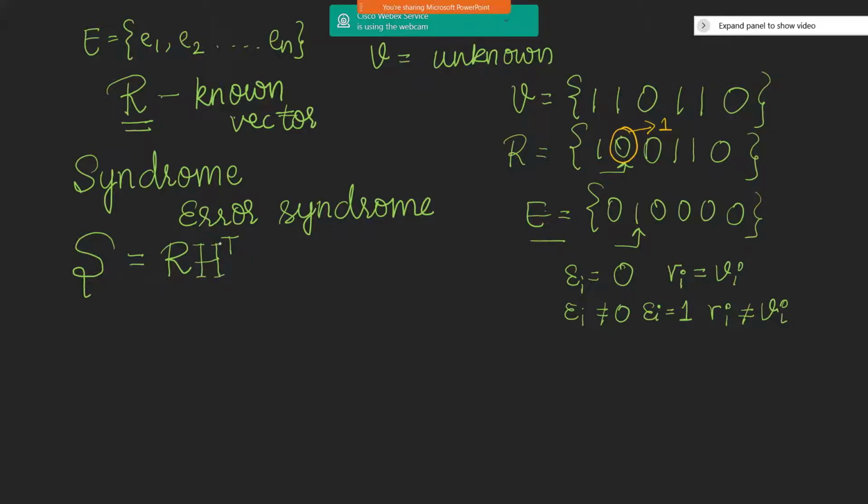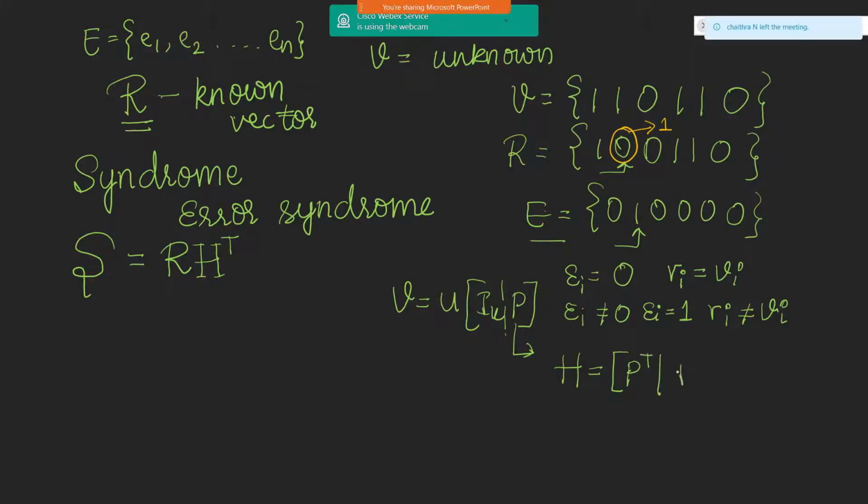So we know that the code vector V is generated by the generator matrix, where the generator matrix has the parity matrix as one of its components. And we have also defined another matrix called H, which is known as the parity check matrix. This parity check matrix consists of two parts: the transpose of the parity matrix, as well as an identity matrix called I suffix n minus k.